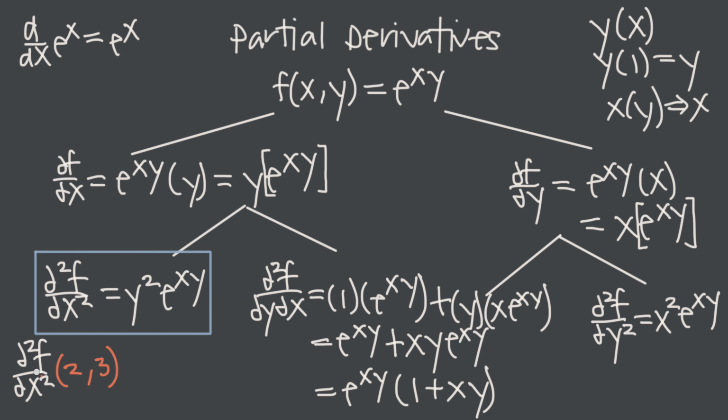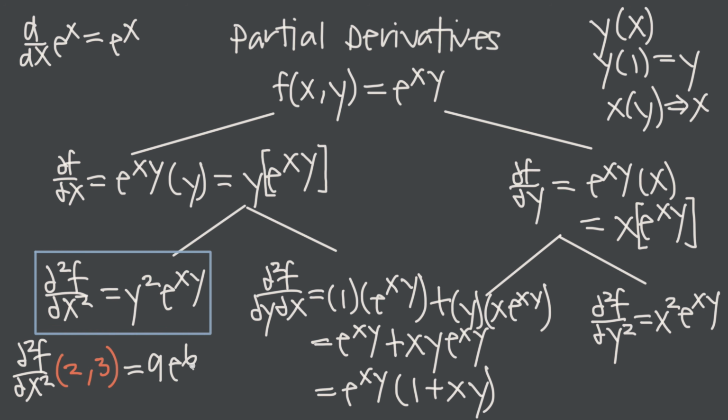So that's just like saying evaluate the second order partial derivative with respect to x at the point 2, 3. And then we just plug that point in here. So y is 3, x is 2. So 3 squared is going to give us 9. And then e to the 2 times 3 is 6, so we get 9e to the 6th.